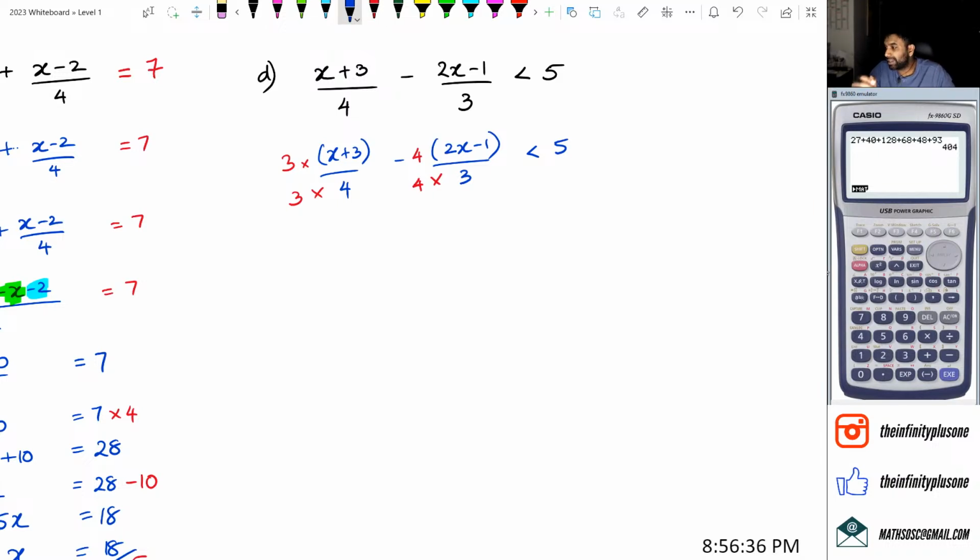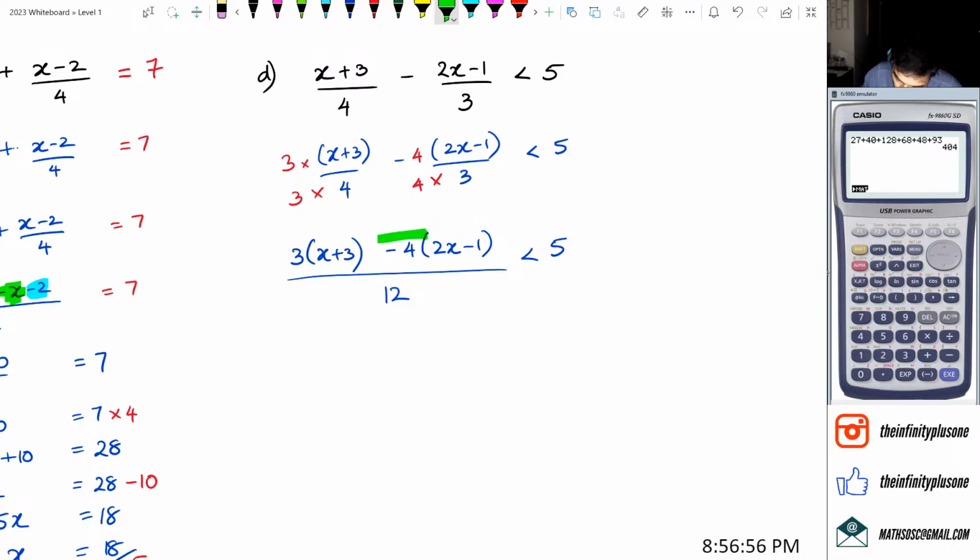Now the next step I'm going to ask you guys to do is this: 3 bracket x plus 3 minus 4 bracket 2x minus 1, and all of that is over 12. We know that. And this part right here is important, because this is where people make the most mistakes.